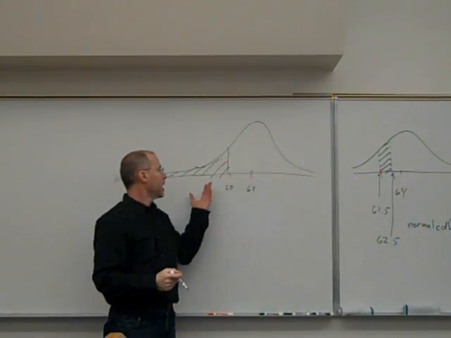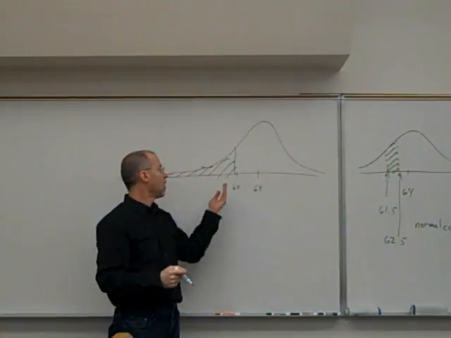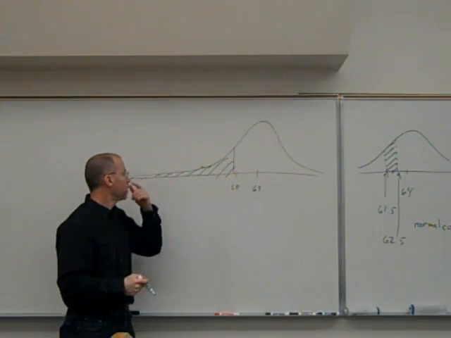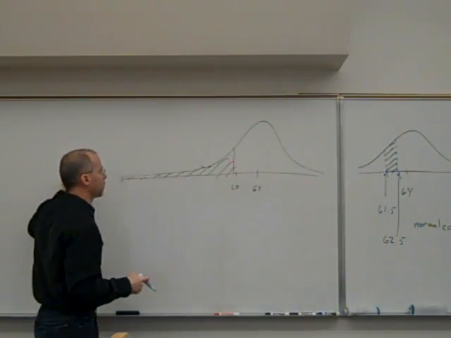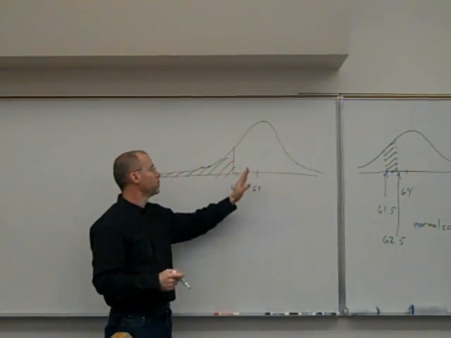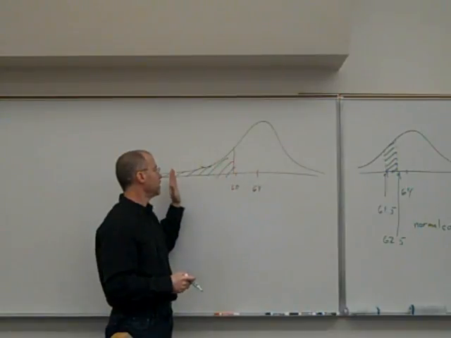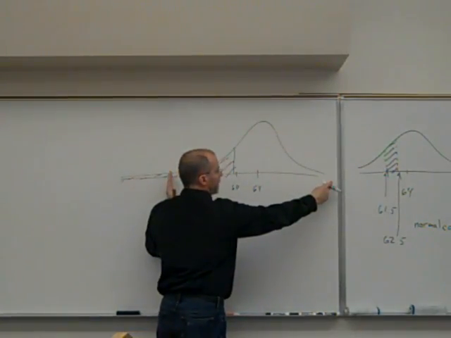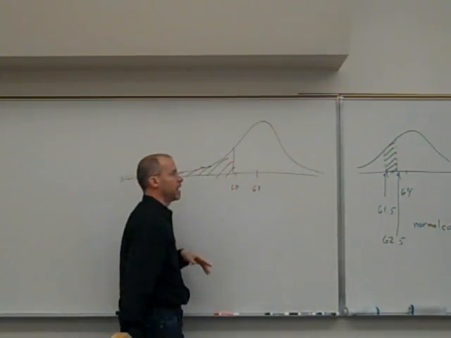Saying how much area underneath this curve falls below 60 inches. Well, in theory, this curve continues forever, but you know from the rule about 3 standard deviations that 97.3% of all the observations fall within 3 standard deviations.